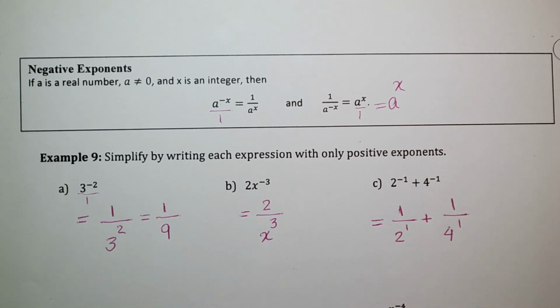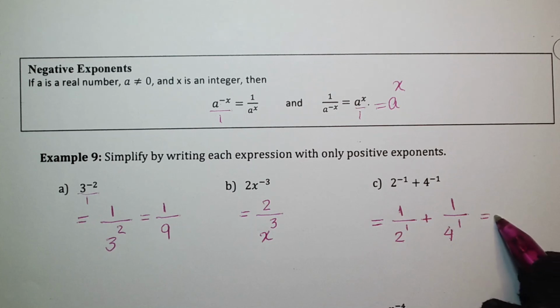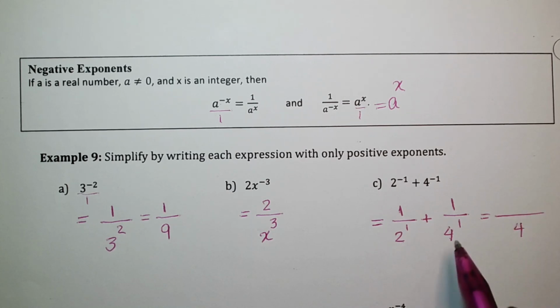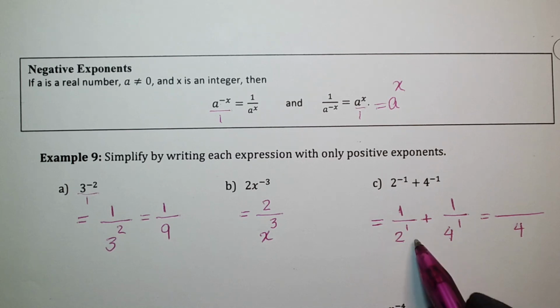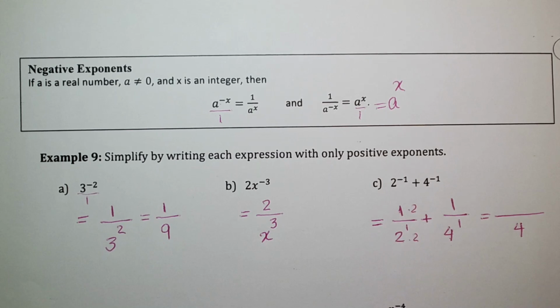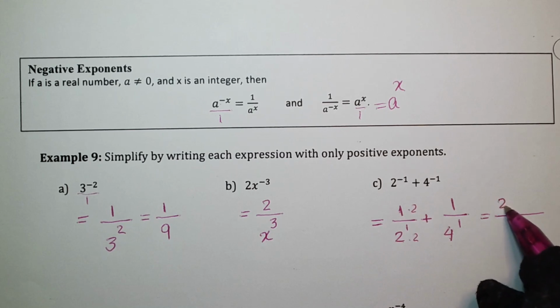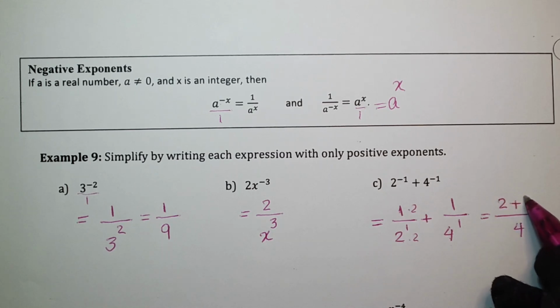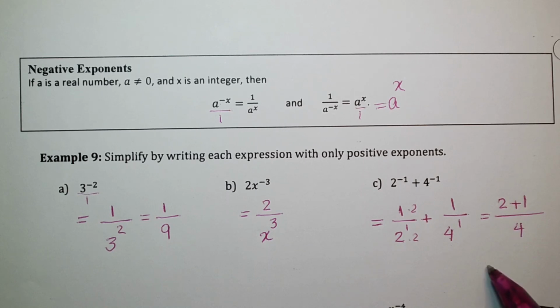Because you need to simplify, so we have two fractions, 1 over 2 plus 1 over 4. We need to add these two fractions. The least common denominator is 4, so we multiply top and bottom of the first fraction by 2. So it's going to be 1 times 2, 2 plus 1. The final answer is 3 over 4.